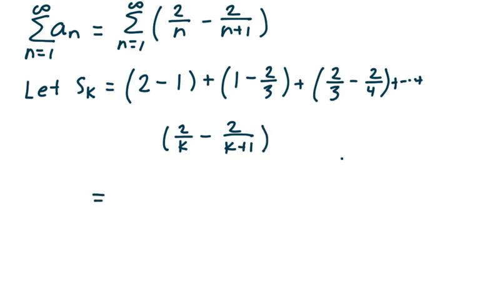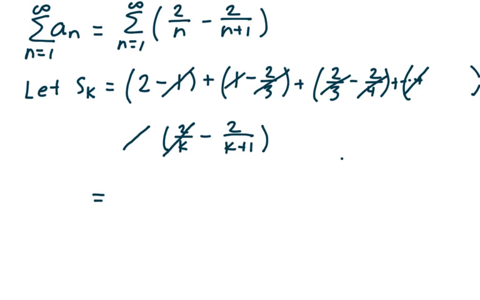Okay, now let's think about this. So the 1's cancel, the 2/3 cancel. Can we agree that 2/4 is going to kill off the first term of the next parentheses, right? And then can we agree further that 2 over k will kill off the second term in the previous result?